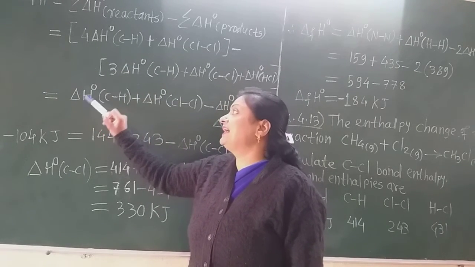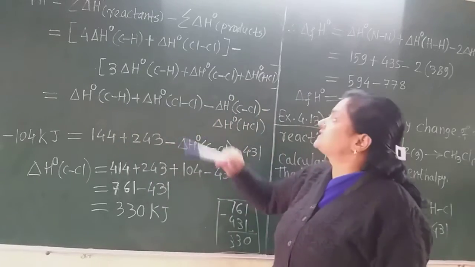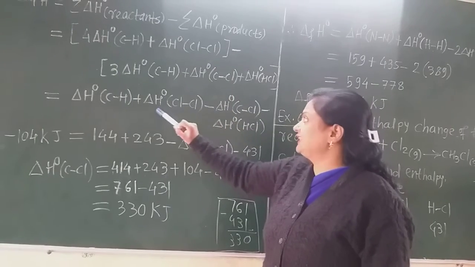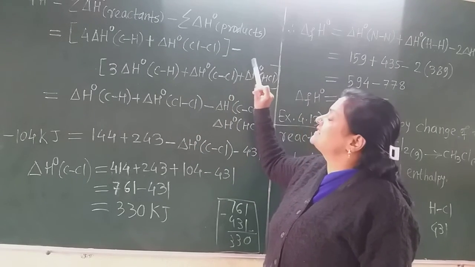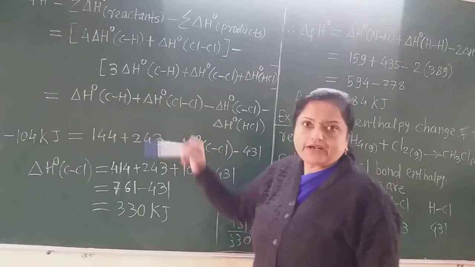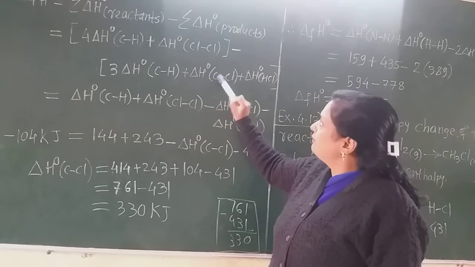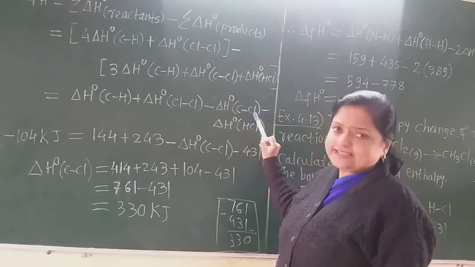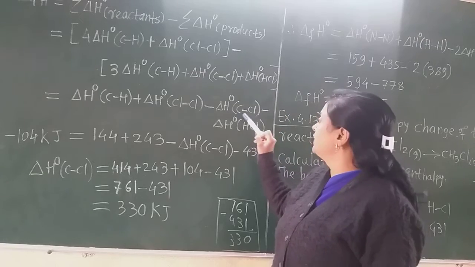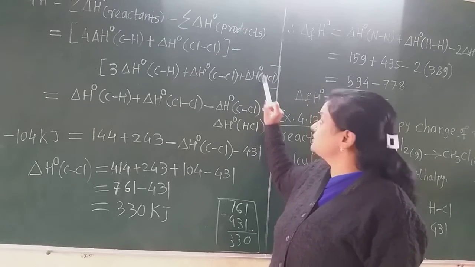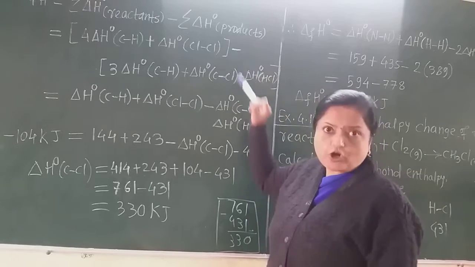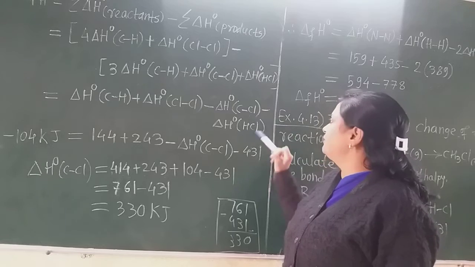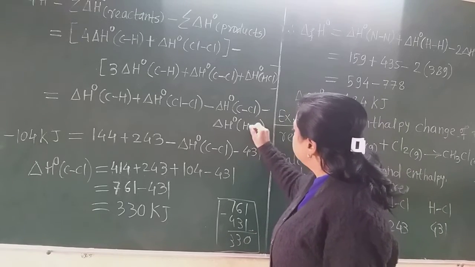So I write here delta H0 of C-H bond plus this one C-Cl bond remains as it is, enthalpy of C-Cl bond, minus, now this 3 C-H bond gets cancelled, only this minus enthalpy of C-Cl bond is there, because we are solving this bracket also. Again this becomes minus, because the minus sign is outside of this bracket. So minus H0 of 1 H-Cl bond. Now this can be written as H-Cl.